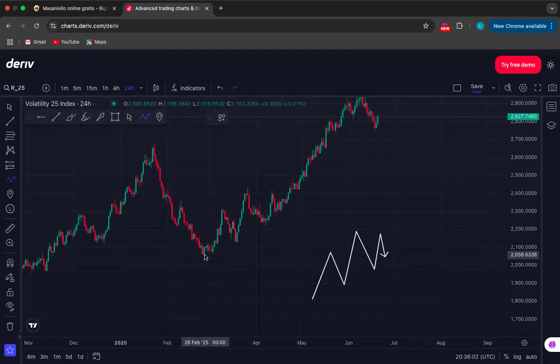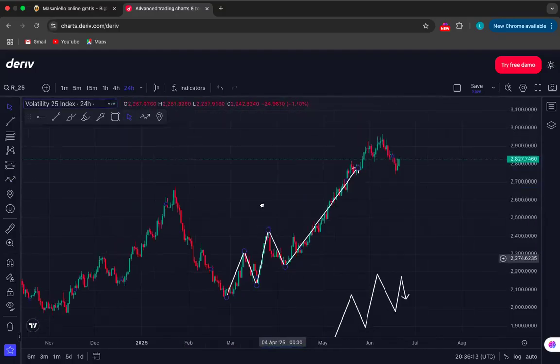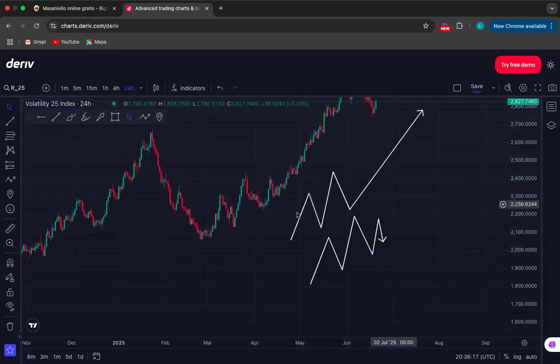So let me draw this correctly. We have higher high, higher low, higher high, higher low, and then higher high like this. This is the correct way to draw this. And where is our break of structure? Here is our break of structure. And here is our break of structure.